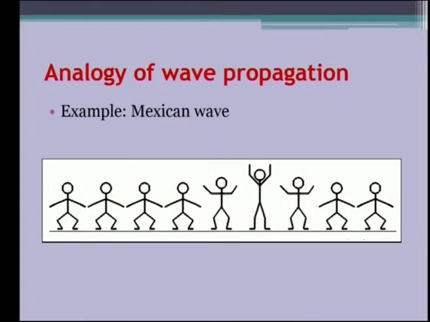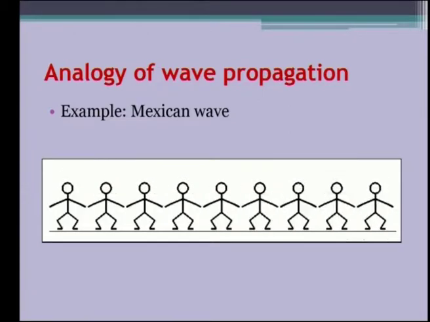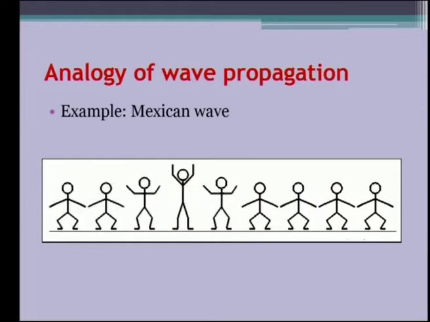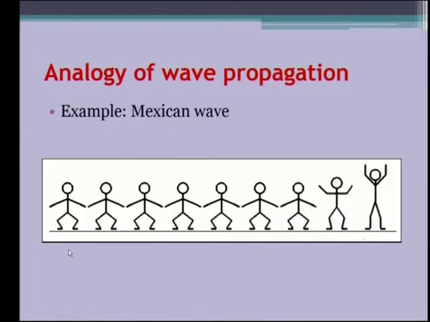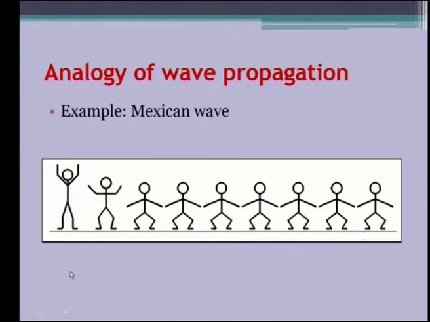It is called a Mexican wave. It is normally done in big stadiums and auditoriums. Here you can take each person moving up and down as representing a particle moving up and down.